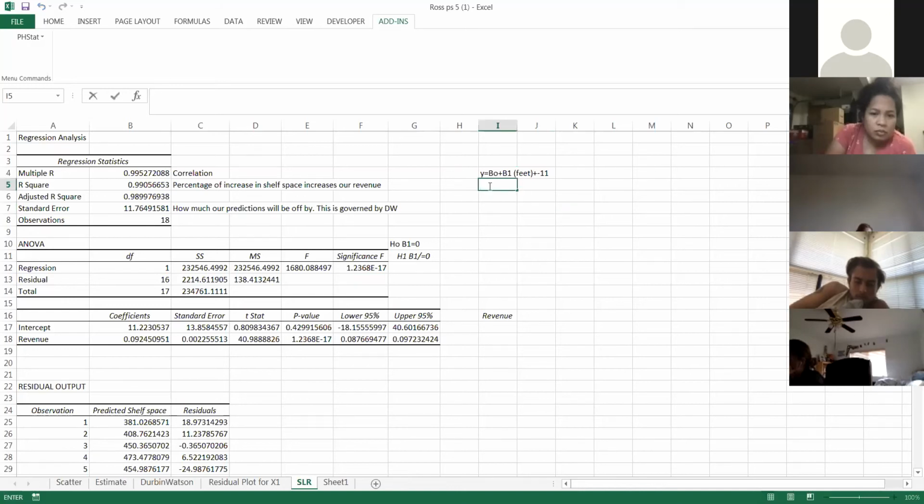So again, Y is revenue. B0 is our intercept, if all other variables are at 0.